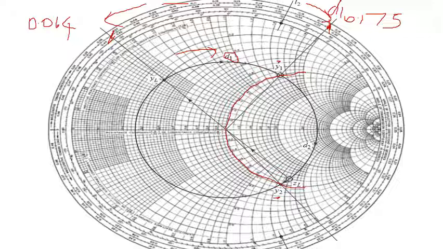Very simple. You have to first draw a straight line passing through the center of the Smith chart, passing through this Y2 point and outside the Smith chart. So here already the line is drawn. Can you tell me what will be the point for that?